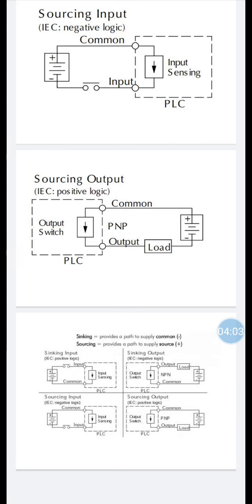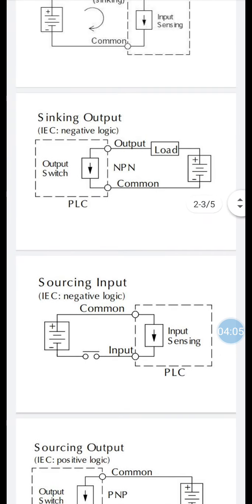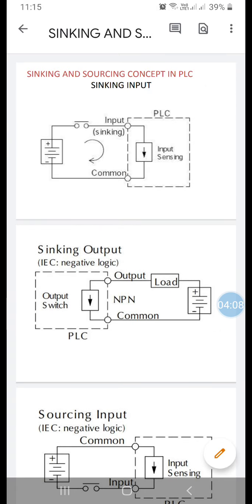Now, in the sinking input, to properly connect the external supply, it must be connected so the input provides a path to supply common, that is negative. Start at the PLC input terminal, follow through the input sensing circuit, then exit at the common terminal and connect the supply minus, that is negative, to the common terminal.